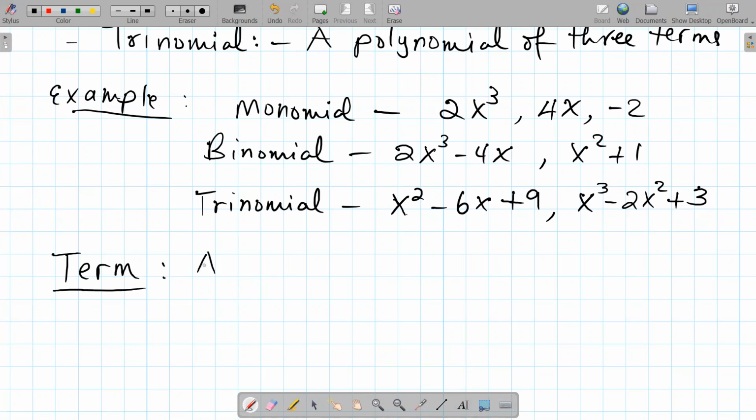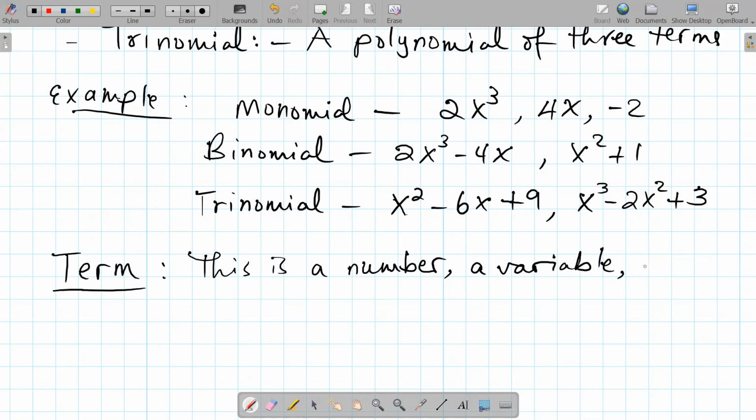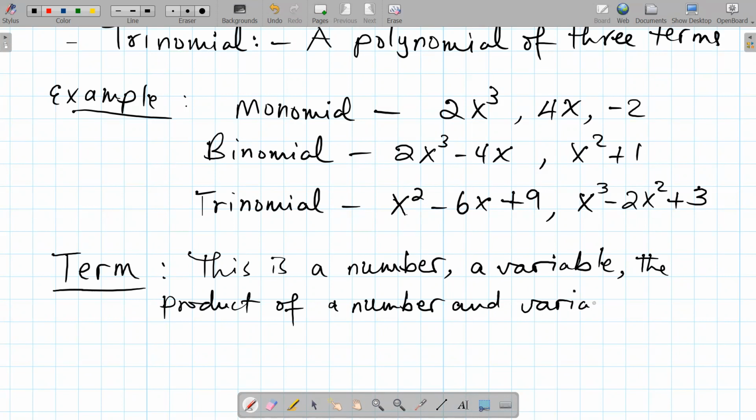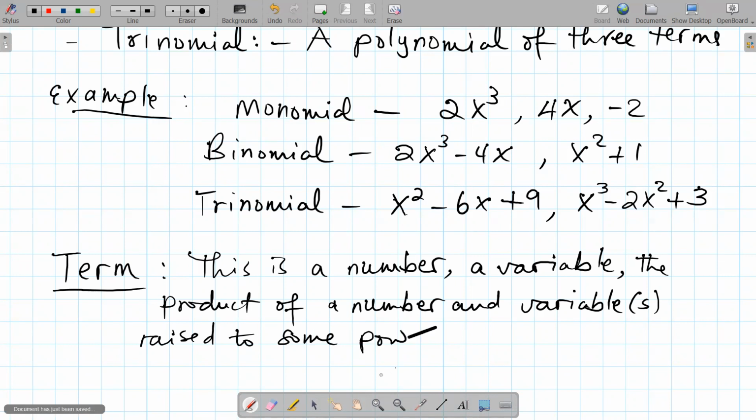A term could be a number, a variable, the product of a number and a variable or variables, raised to some power. So that would be a term.